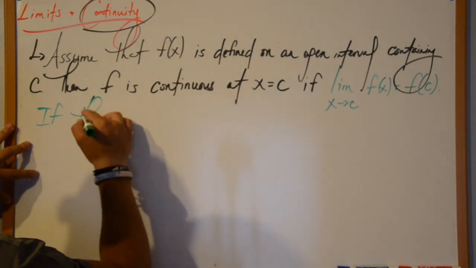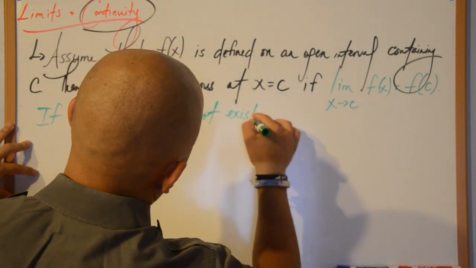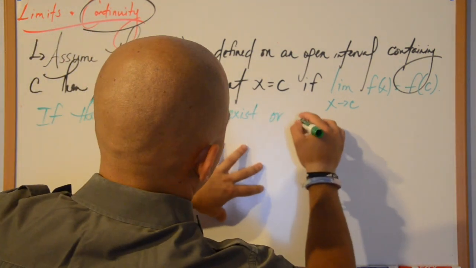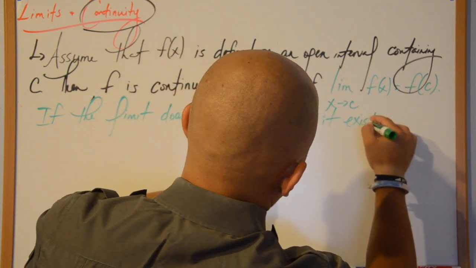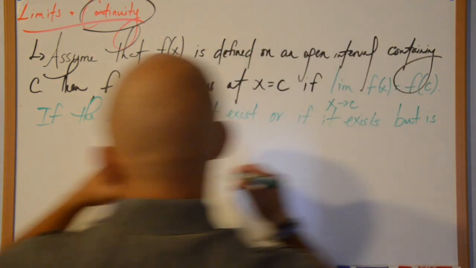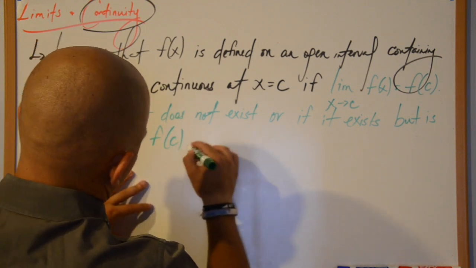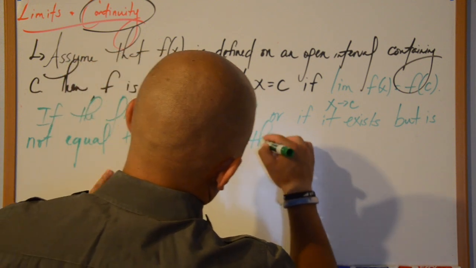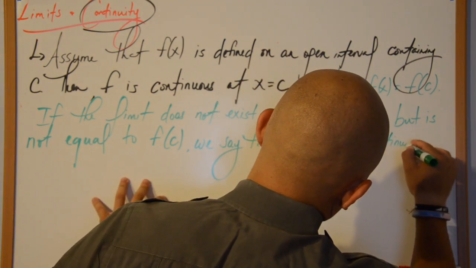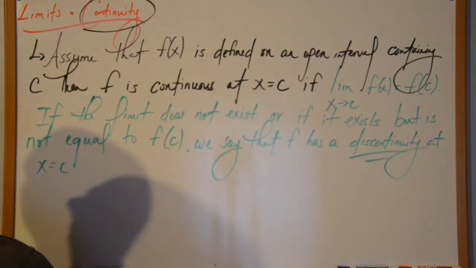If the limit does not exist, or if it exists, because that can happen, but is not equal to f of c, we say that f has a discontinuity at x equals c.